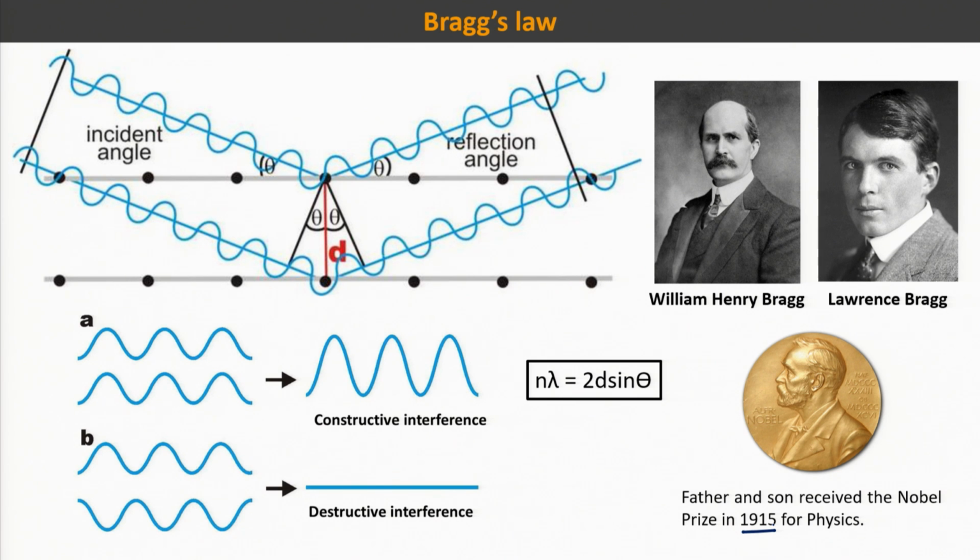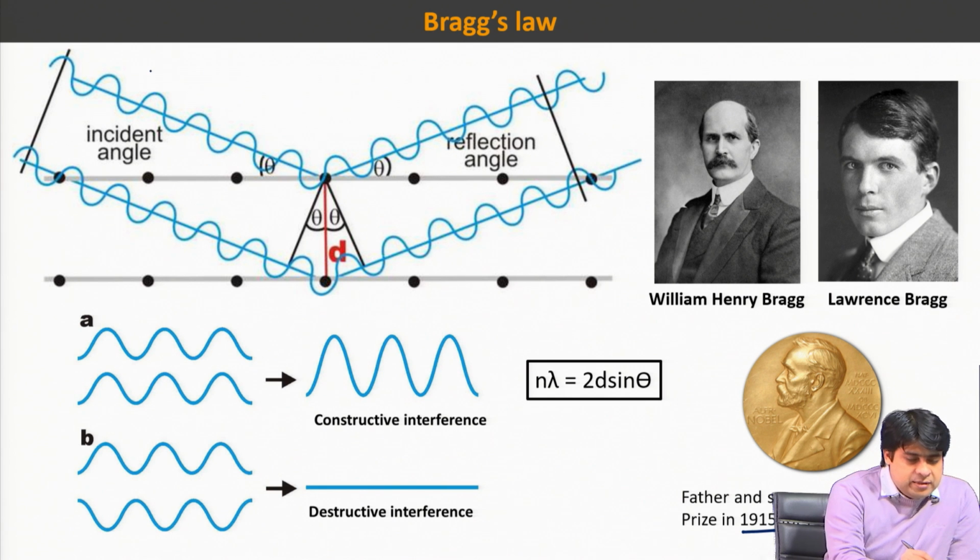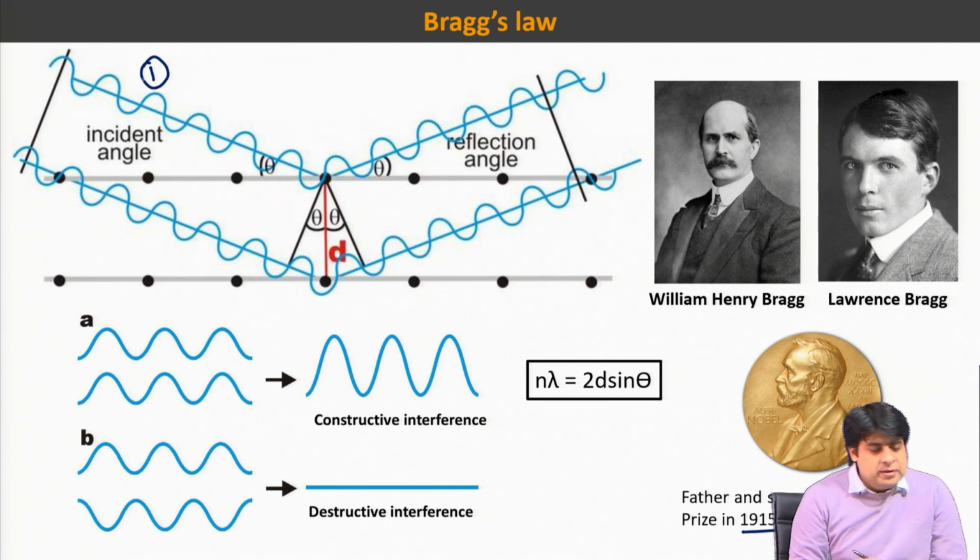What they suggested is that in a crystal you have different HKL planes, and in these planes you have different atoms. Suppose an X-ray 1 is coming towards the crystalline material, and the top surface is flat.